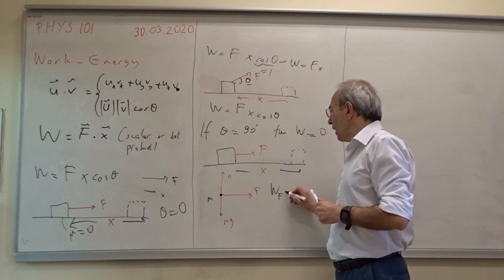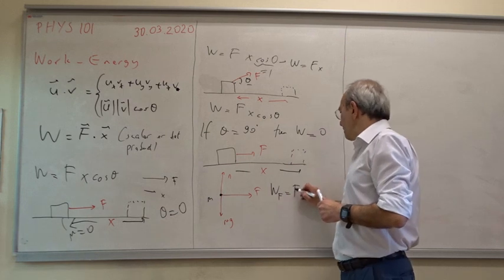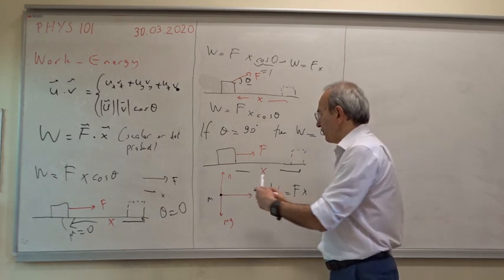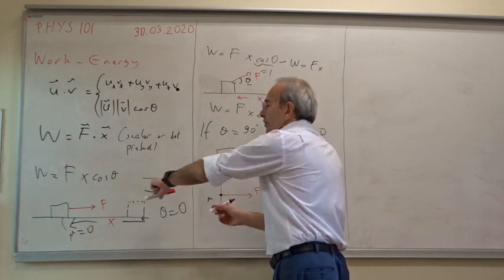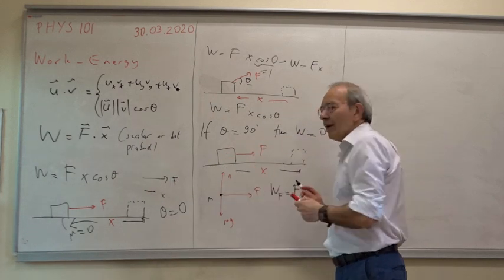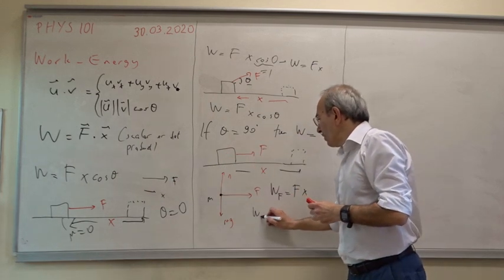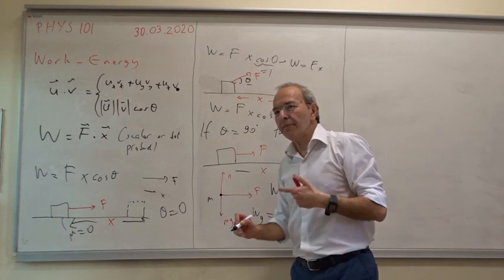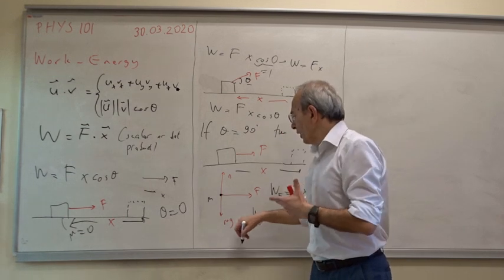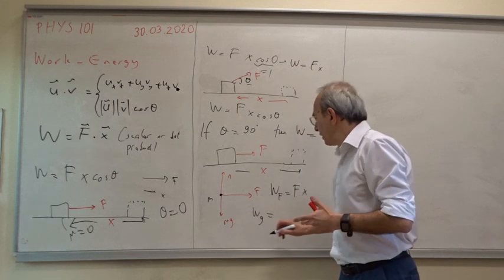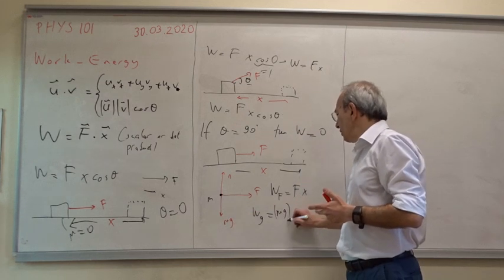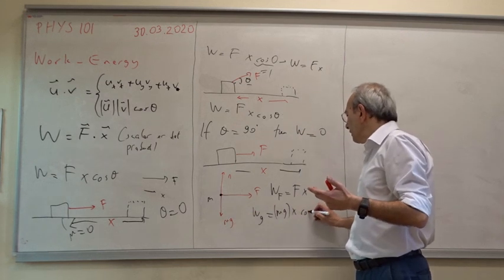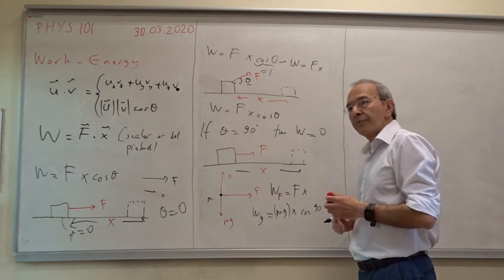Work done by our force is, yes, F times x, because F and x are, as we said here, parallel vectors and there is no angle. But on the other hand, Wg, work done by gravity, which is work done by the weight of this object, is just weight mg times the distance but cosine 90.